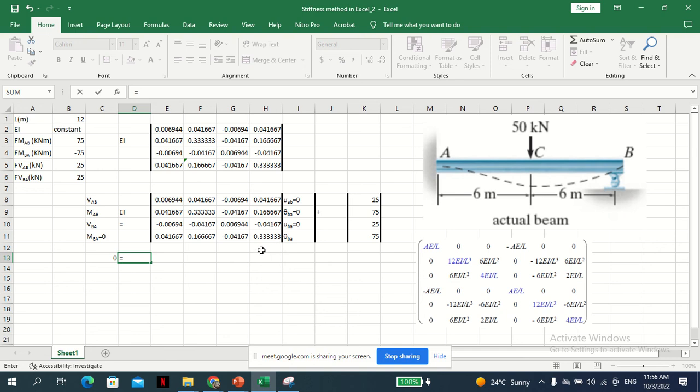I hope you know how to use matrices, and that will only tell you that 0.33 of theta BA. This we can copy here.